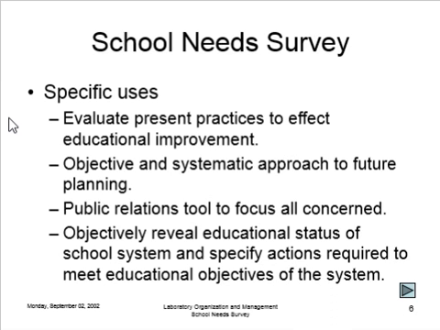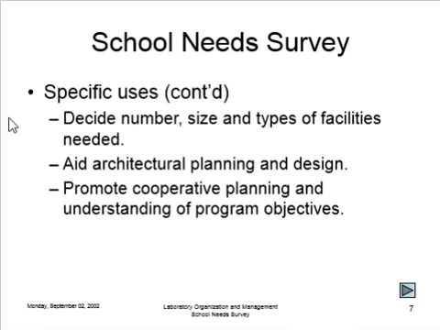Reveal as objectively as possible the educational status of the school system and specify the action required if the educational objectives of the school are to be realized. Decide the number, size, and types of facilities needed. Aid architectural planning and design.